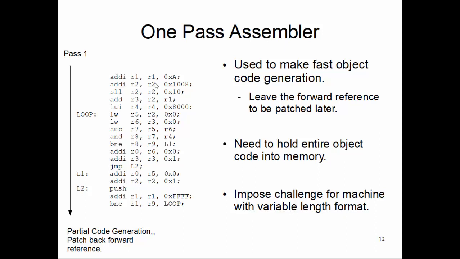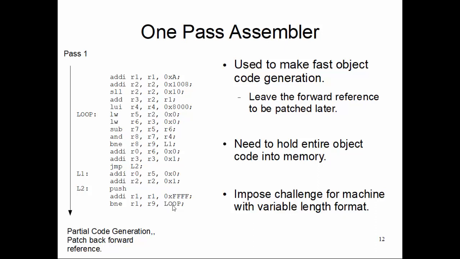So instead of writing the object code directly onto the disk in this one pass assembler, what we need to do is store the generated machine code, object code, in the memory until every one of the instructions in that code has been converted to machine code.